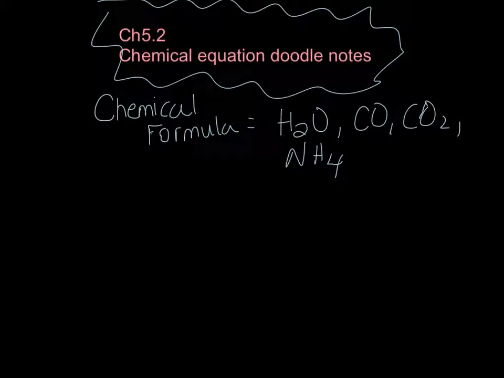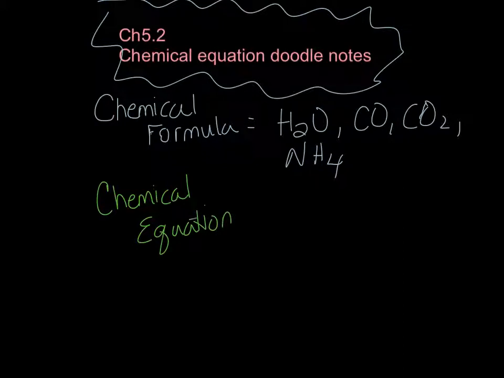So a chemical equation is going to contain a plus sign or multiple plus signs and a yield sign. So for a chemical equation, we might have H2 plus O2 yields H2O.